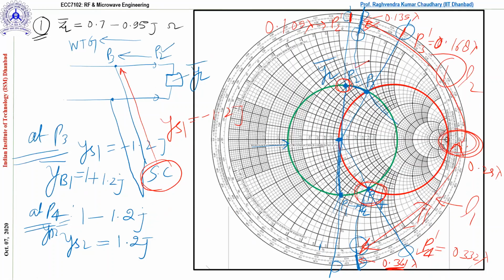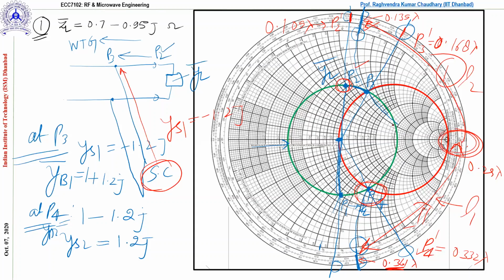So P2 is the location of the load admittance. Now we know that the addition of these two possible solutions is 1, correct? And it means that we need a G equal to 1 circle. So we are indicating the G equal to 1 circle over the Smith chart.